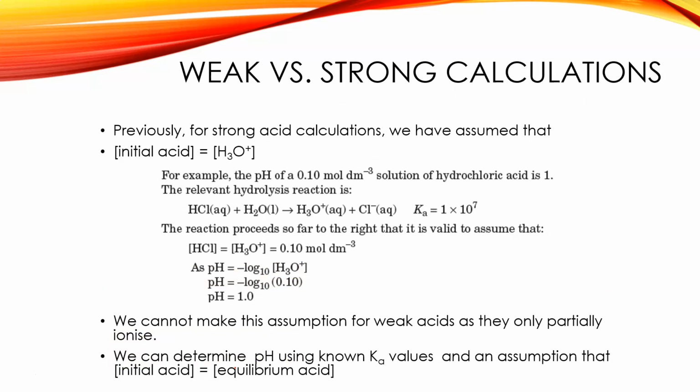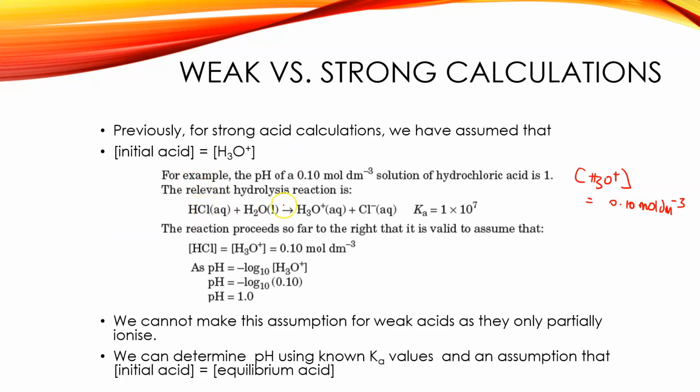With strong acid calculations, we've assumed that the initial acid concentration is equal to the H3O+ concentration because we assume that ionization is complete. So if we were to consider the pH of a 0.1 mol per litre solution of hydrochloric acid, we say it is 1, because the concentration of H3O+ is going to be equal to 0.10 mol dm^-3.